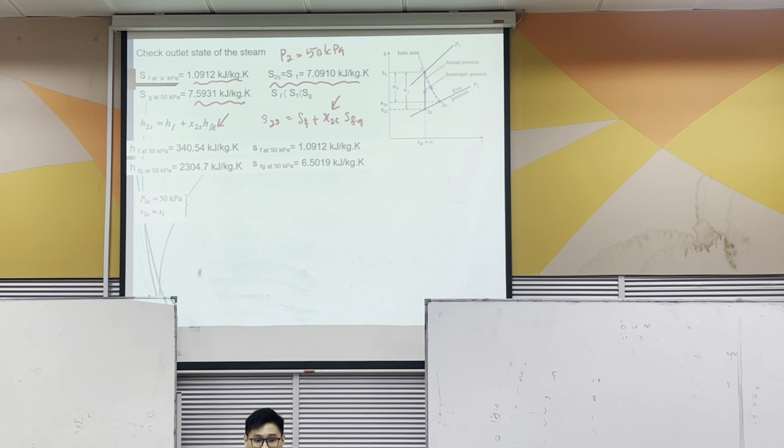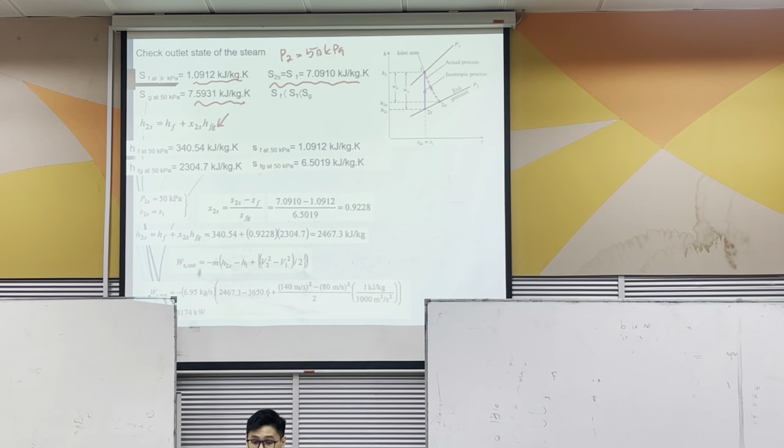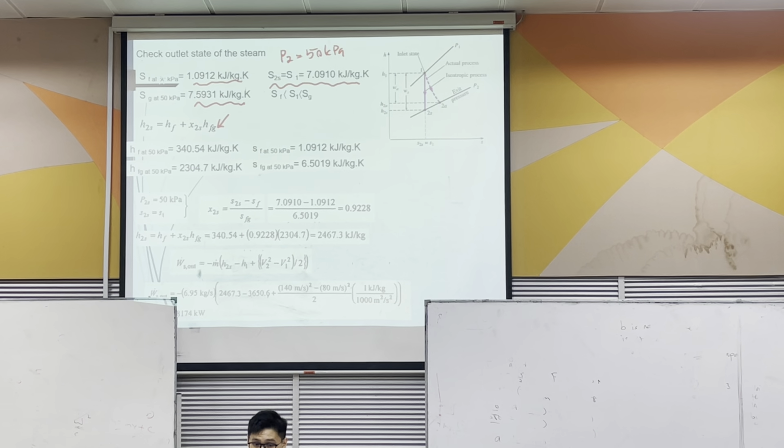So based on the S2S value, you can find X2S, and then based on X2S, you can find H2S. Now you have the H2S value, then you can find the work out.